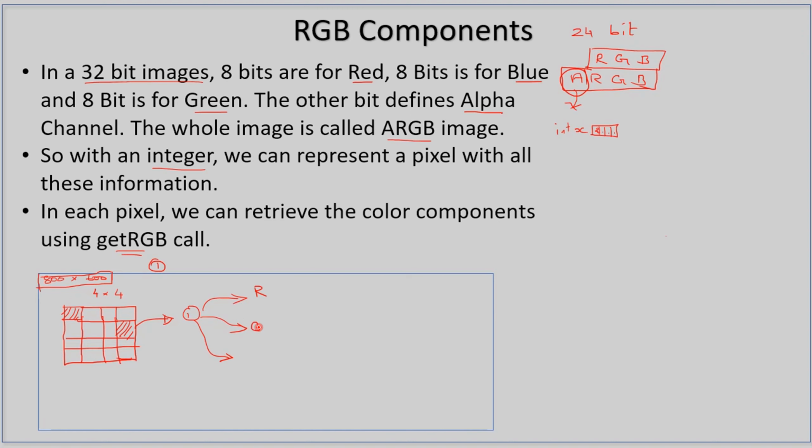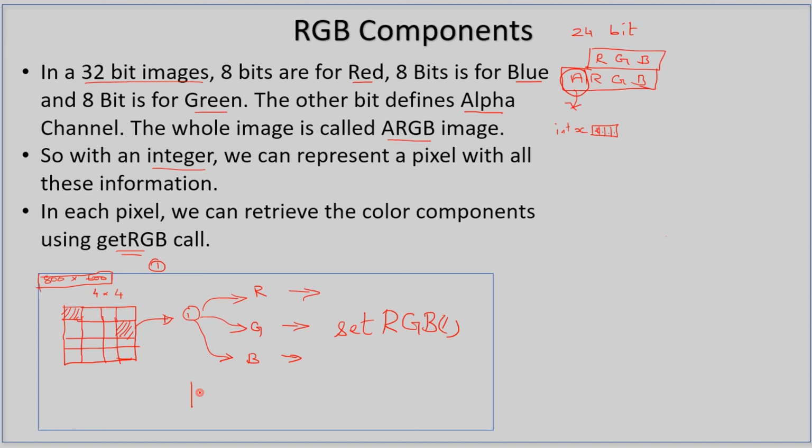Then you can perform manipulation, and after that you can put back those components using the function setRGB. So this is how you will do the image manipulation. You retrieve color information from a specific pixel, manipulate it, then using setRGB you put the manipulated pixel back at a specific location.